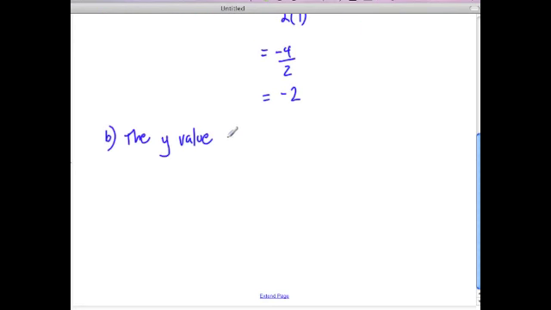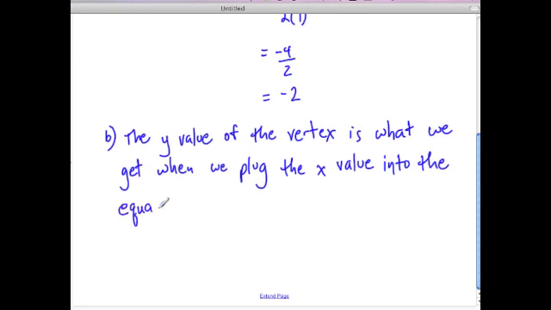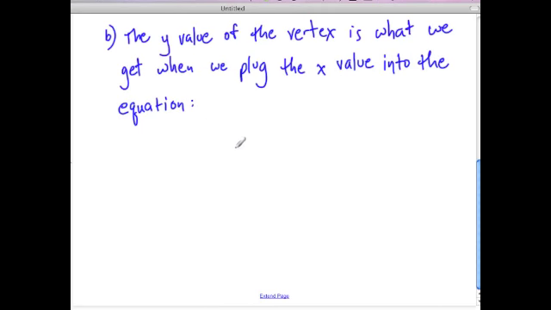Now we need to find the y value of the vertex. The way that we find the y value of the vertex is just by taking the x value that we got and plugging it into the equation. We did negative b over 2a, we got negative 2. So we plug that negative 2 in for x.